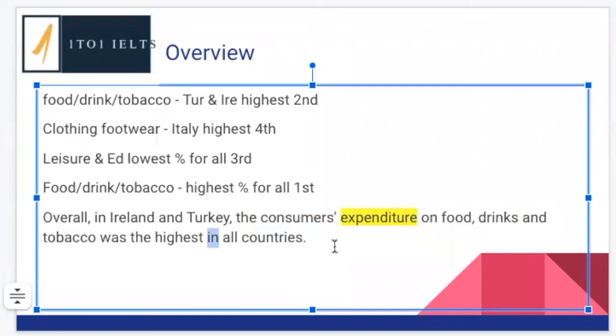Shorter, easier. Preposition, 2 letters, begins with O. Oh, exactly. Okay, so this is the more natural way of saying this. So something is the highest of. So in Ireland, Turkey, the consumers' expenditure of food, drinks, and tobacco was highest of all countries.